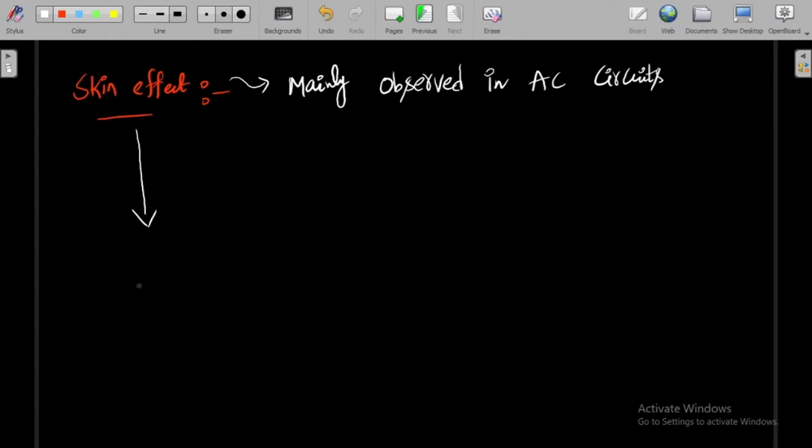If you observe, I am considering a stranded conductor, a 6x1 stranded conductor, 2, 3, 4, 5 and 6. So this is a stranded conductor which I am observing here.